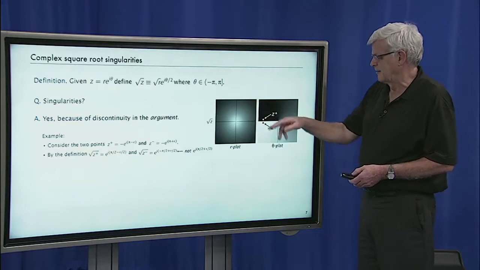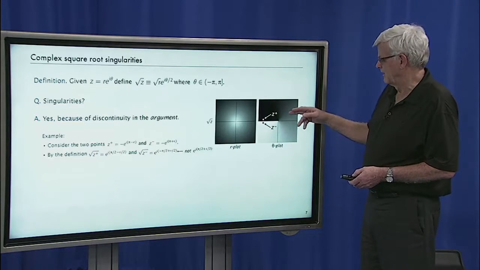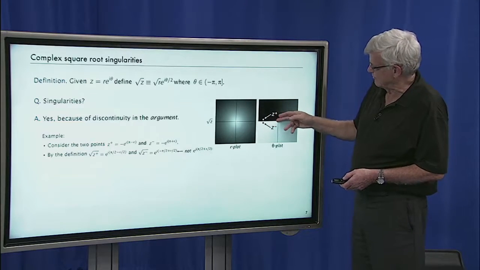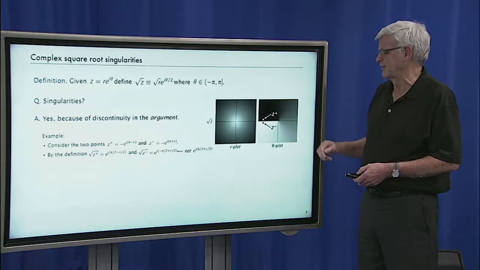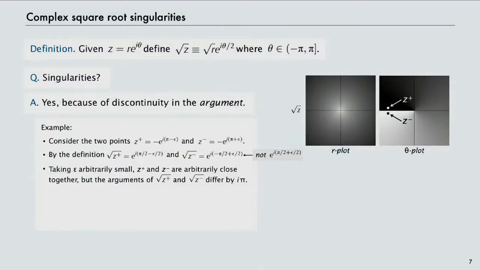But the other one is not pi over 2 plus a little bit, because that's not in the right range. It's actually minus pi over 2 plus a little bit. And what that means is that if you take these points arbitrarily close, epsilon arbitrarily small, the points come arbitrarily close, but their arguments differ by i pi.